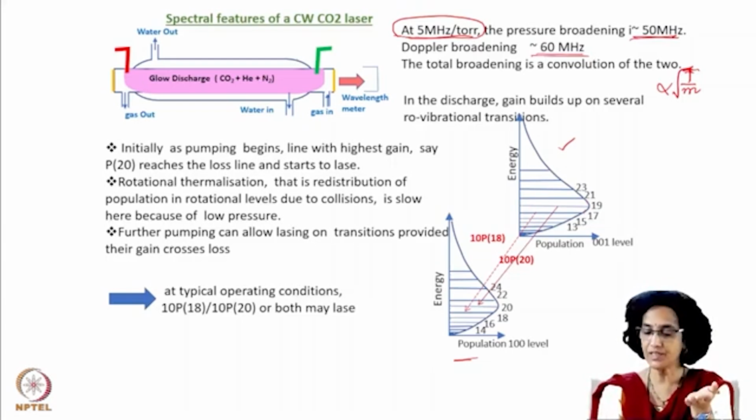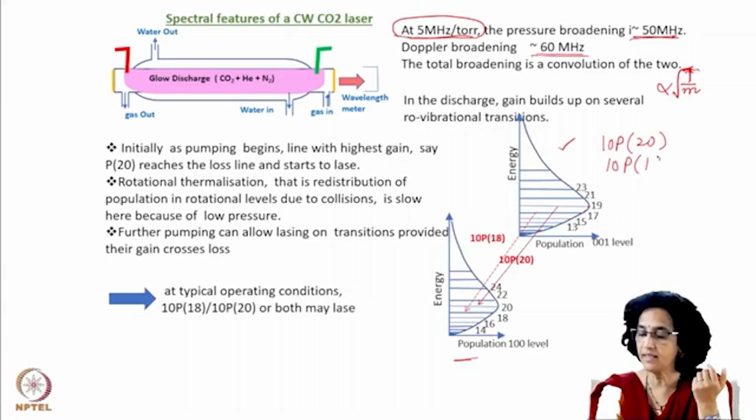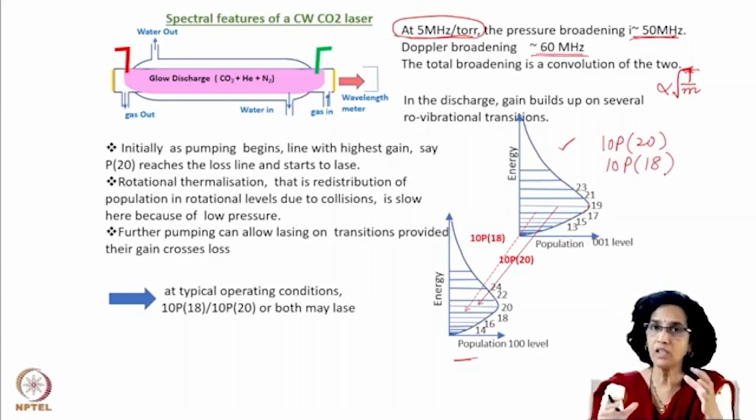So initially, as pumping begins, the line with the highest gain, in case of low pressure, could be 10P20 or 10P18, which under those conditions generally has the highest gain.